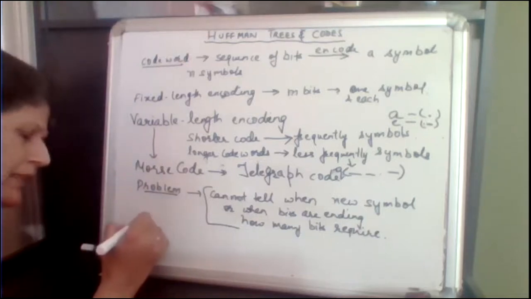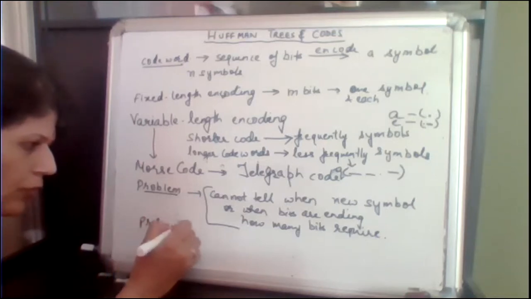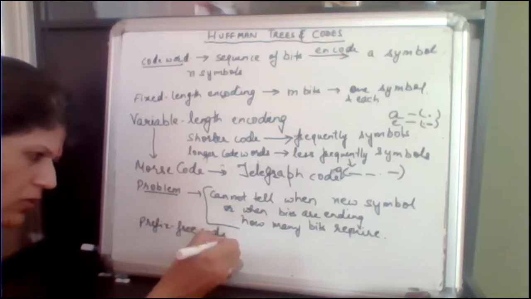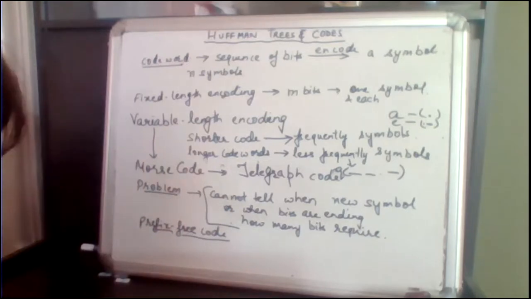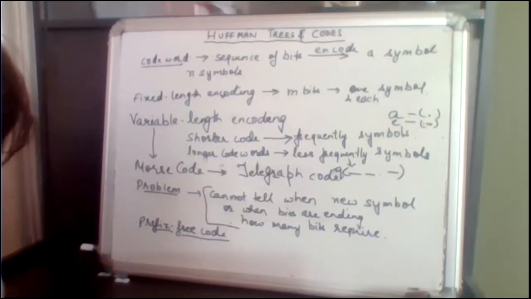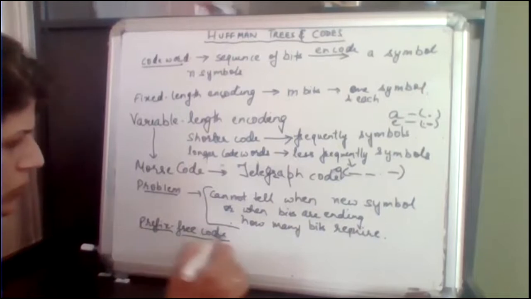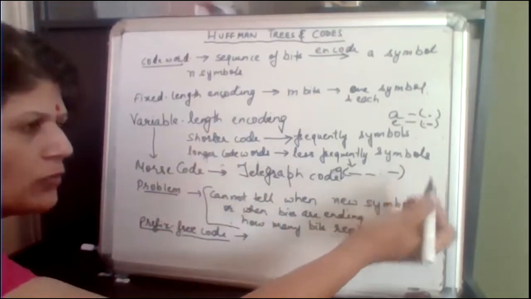For that, the solution that we have is the prefix free code. What we said was the problem is that we cannot tell how many bits are there, and for that, for the prefix code, we can have a prefix attached with each of the symbols.